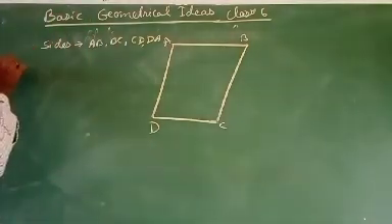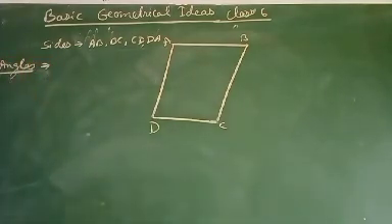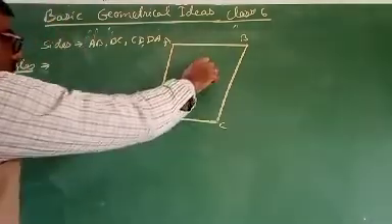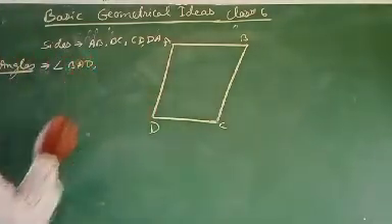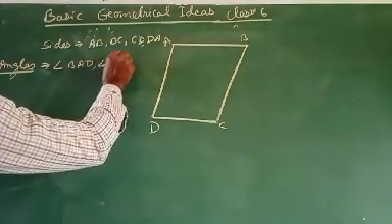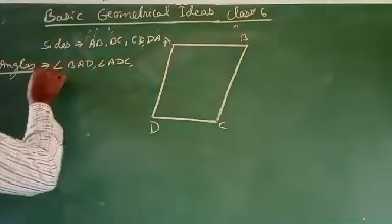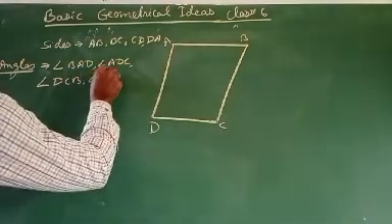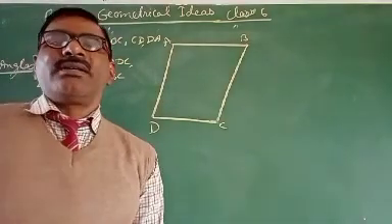Now angles. What are the angles of a quadrilateral? Angle BAD, angle ADC, angle DCB, angle ABC. These are the angles of a quadrilateral.